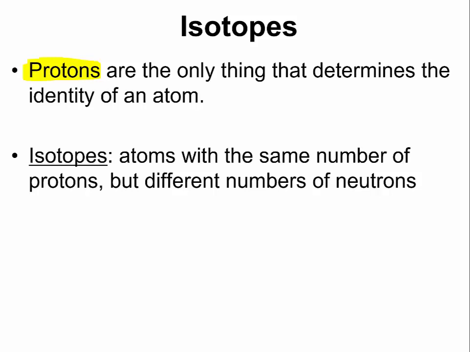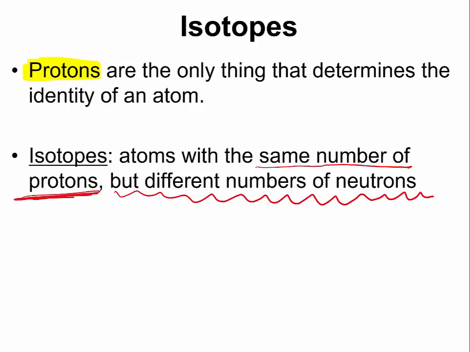If you have atoms of the same element that have the same number of protons, but different numbers of neutrons, those atoms are referred to as isotopes.